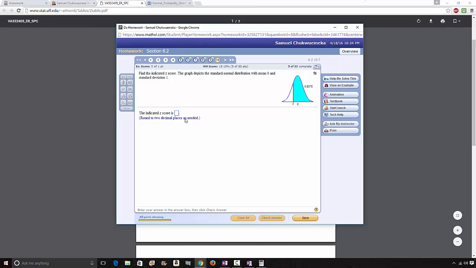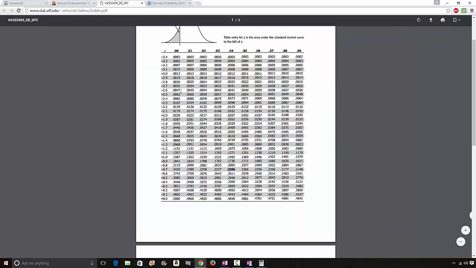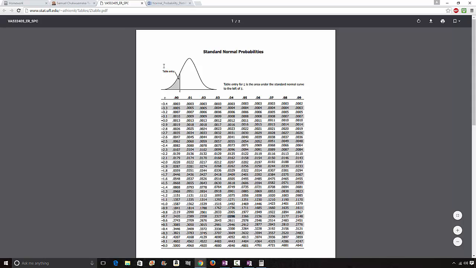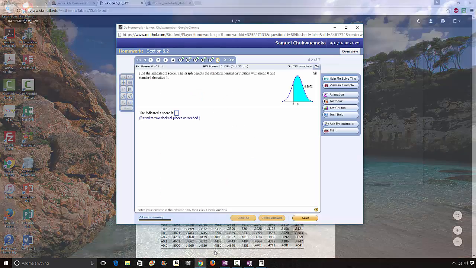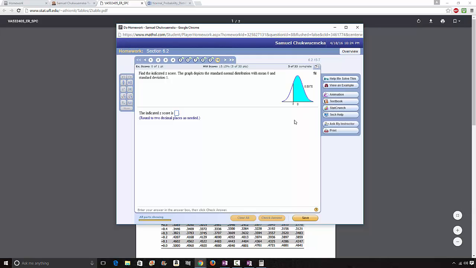Okay. Question 10. Here they are asking us for the z-score for an area to the right. The area to the right is 0.8078. However, the table that we are using is to the left. But we do know from the first video that the entire area under the normal curve is 1.